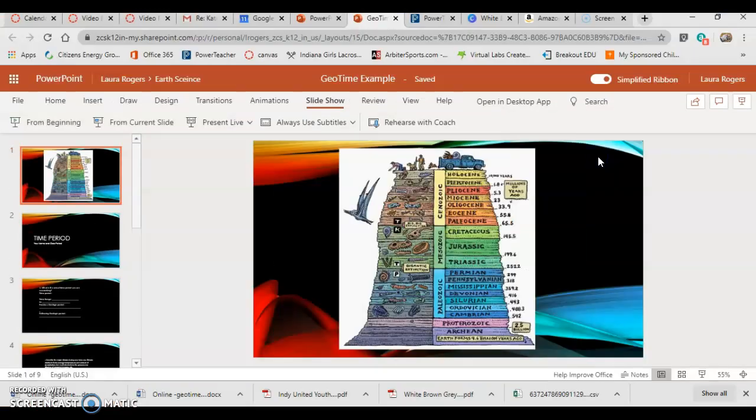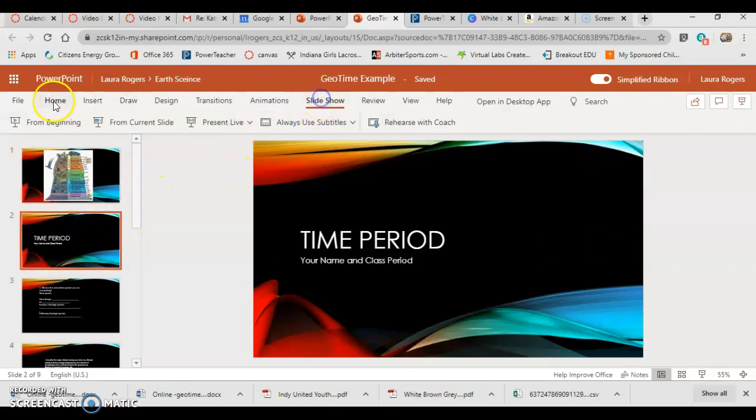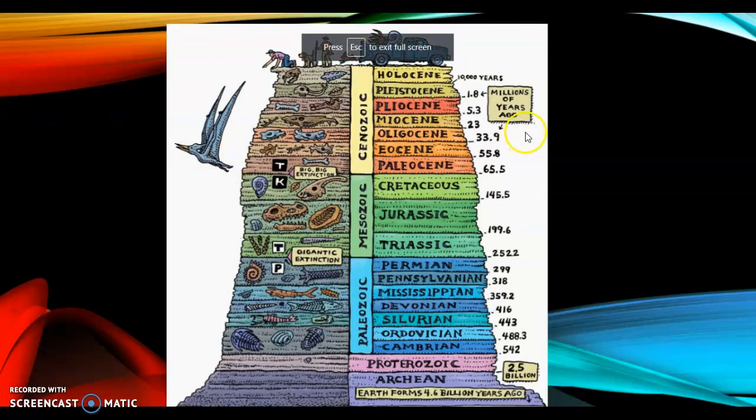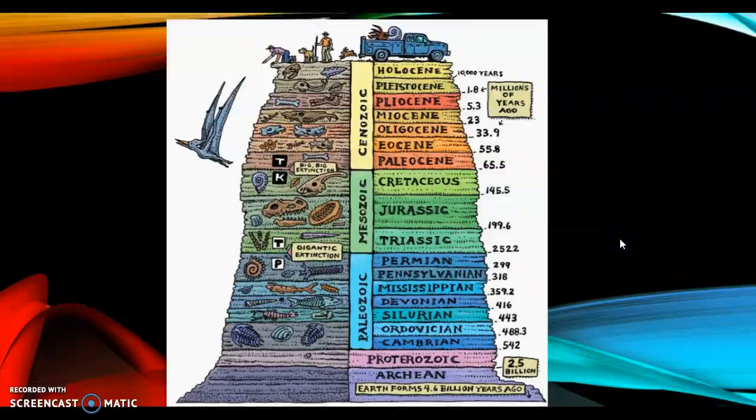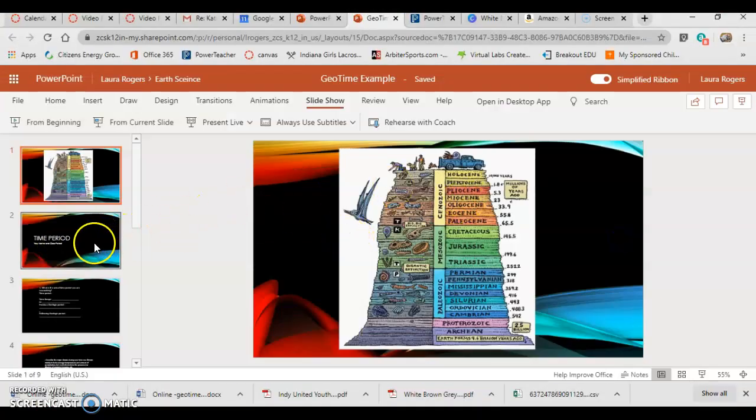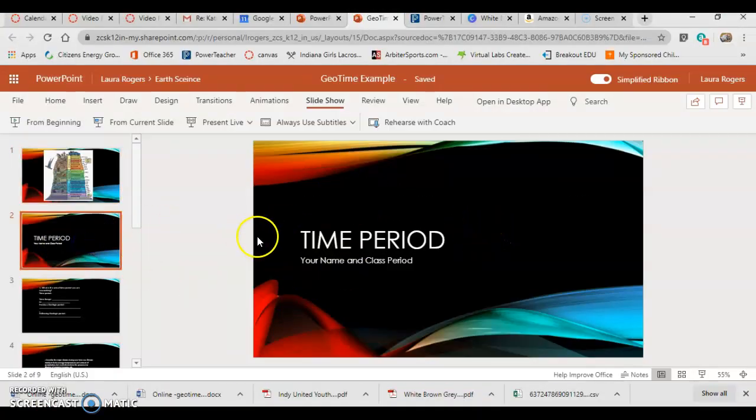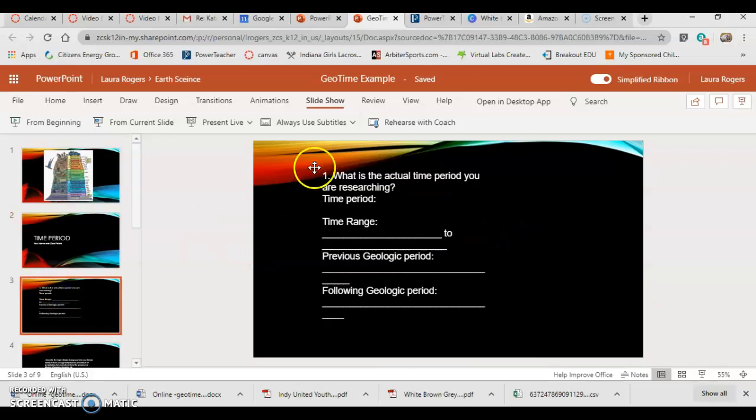So just a quick little outline here. If I can get it to work. So your first slide would be, Jurassic era, Laura Rogers, class period, whichever one you choose. Time period, so time range, geological period, front, back, a nice graphic of that.